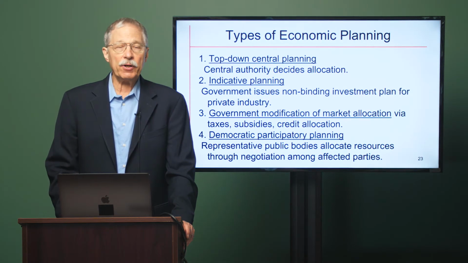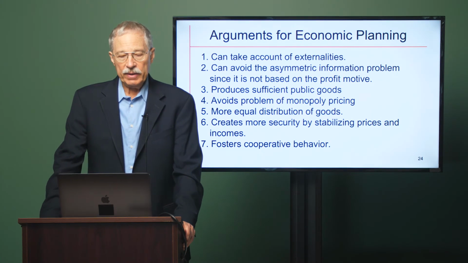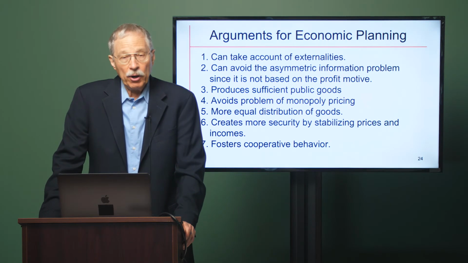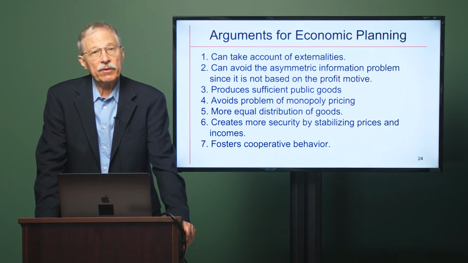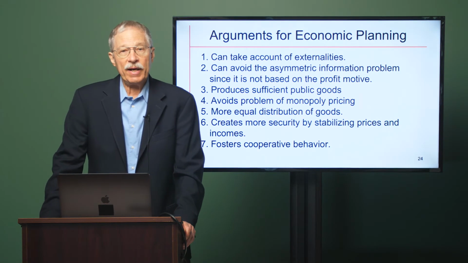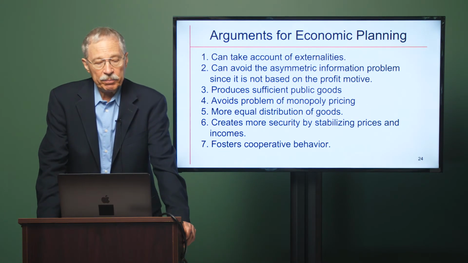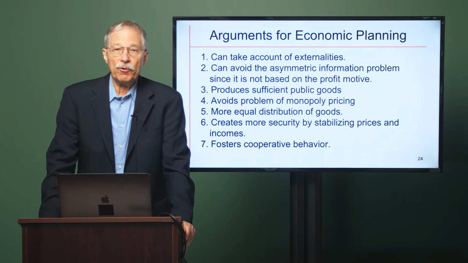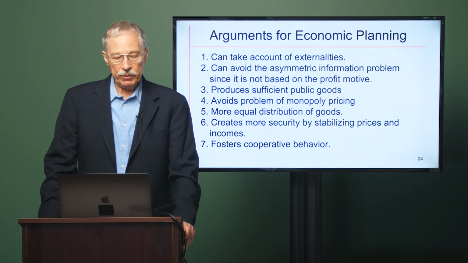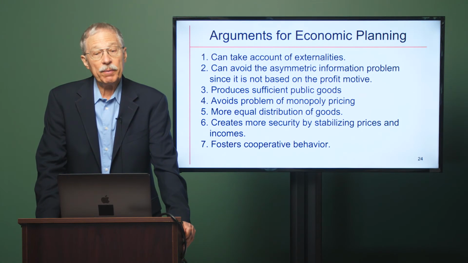Now, there are a number of arguments in favor of economic planning, that a planned allocation of resources, either completely planned or partially planned, can take account of externalities so as to discourage the production of goods that have a lot of negative external effects. In a planning system, it is possible to avoid the problem of asymmetric information since it's not based on the profit motive. Economic planning system can produce sufficient public goods.